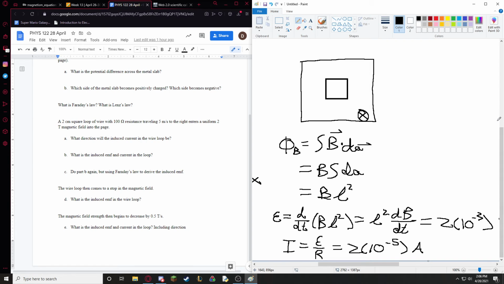So what direction is the change in flux in? Negative. So what direction would that be in? If our flux is into the page, what direction is our change in flux if it's decreasing? It's also into the page. Is it?